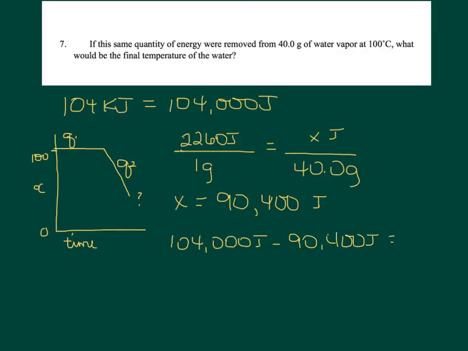Well, I should have 13,600. So this is how much energy I have to remove to go from here to here. So I need to solve for the temperature change. I'm going to move to the next slide.